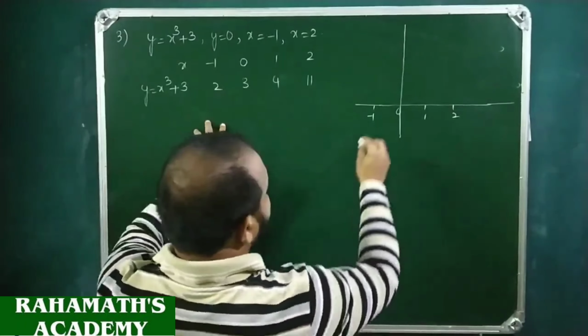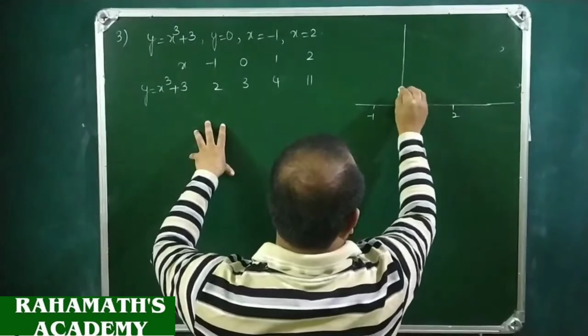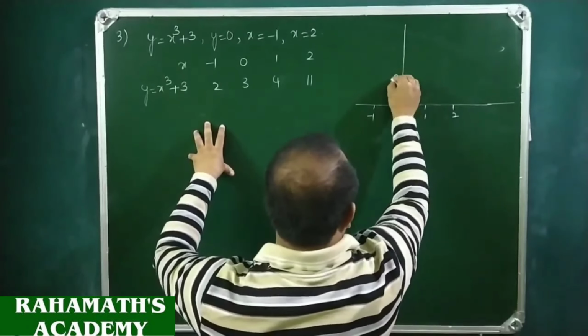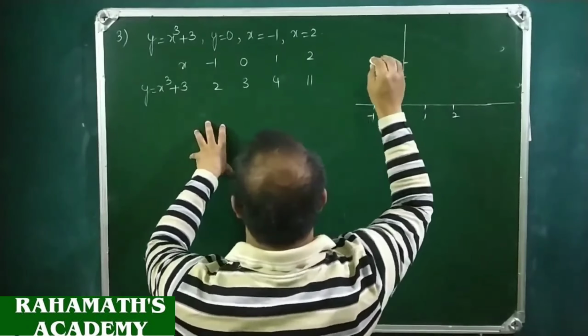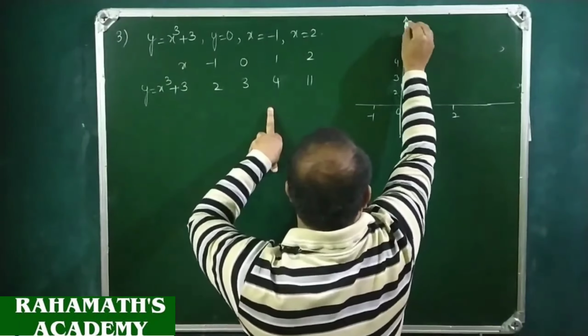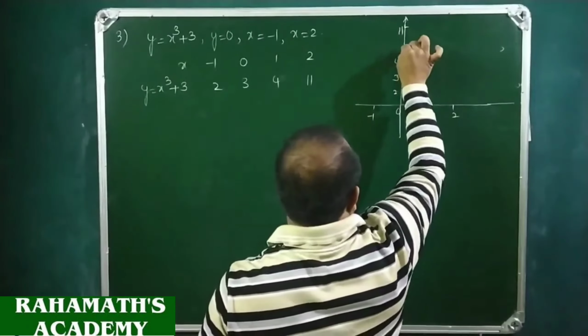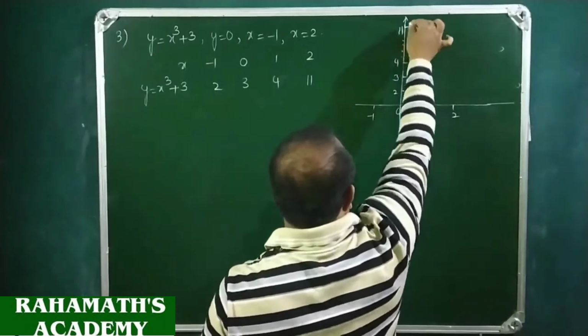Here this value, let us suppose this is 2, this is 3, this is 4, and for example let us take somewhere here it is 11.